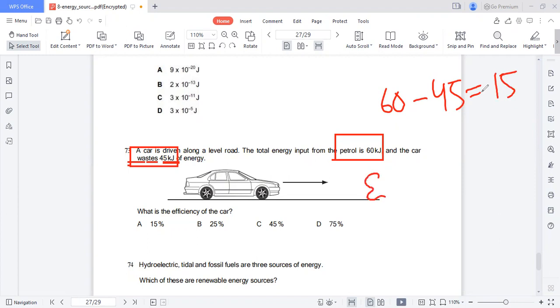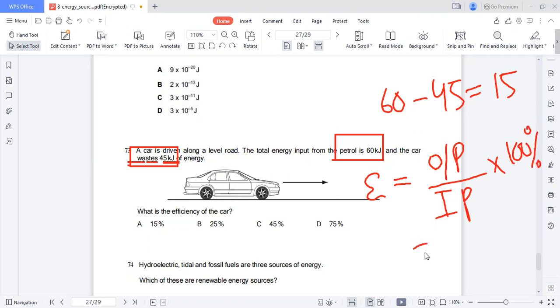So we know that in case of efficiency, it is useful output energy over input energy, multiplied by 100%. So total output energy is 15, input is 60. So 0 is cancelled with 0.